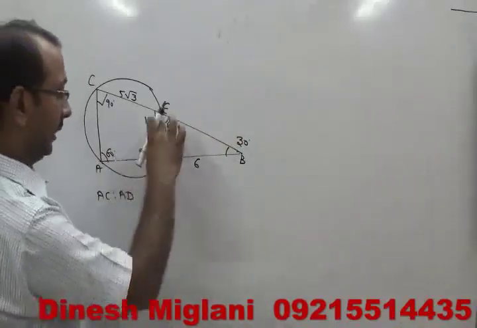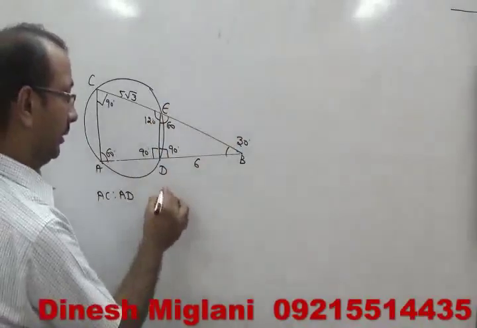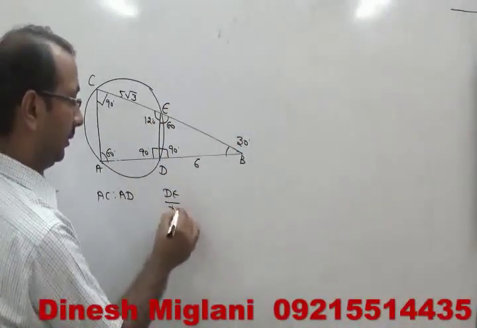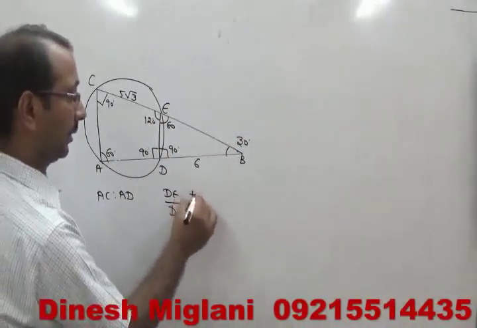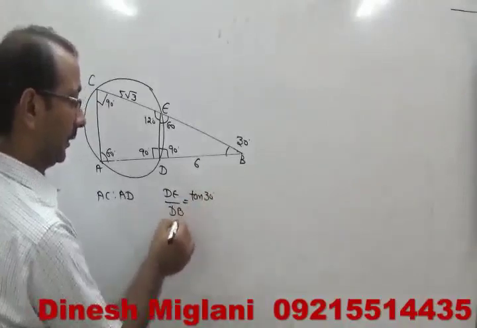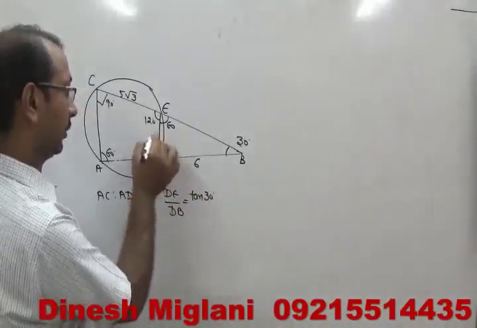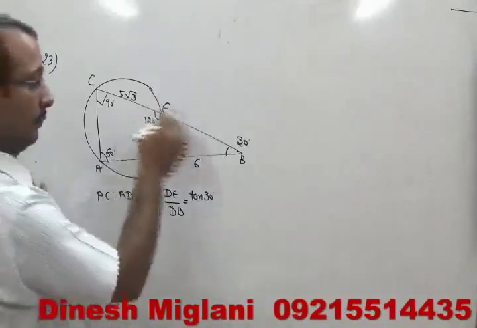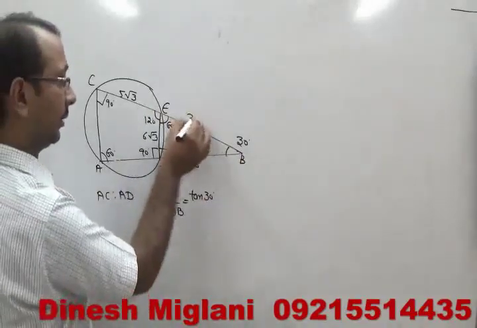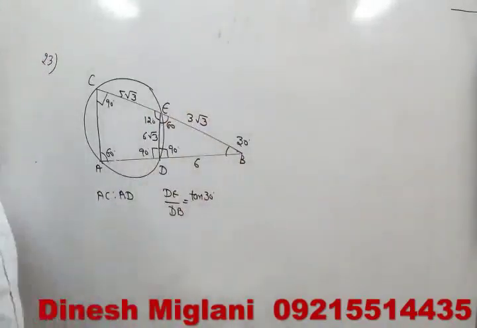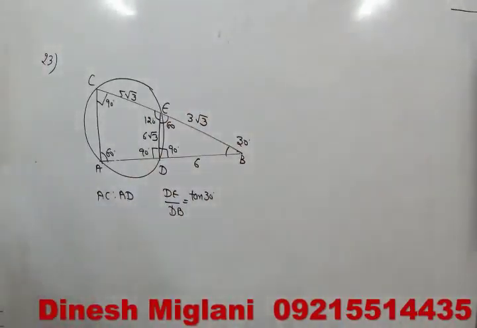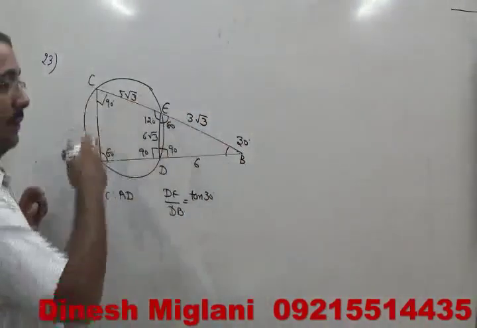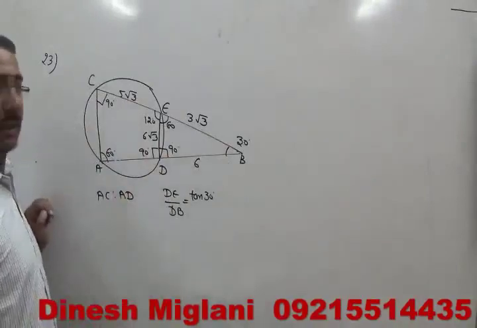Let us say that DE by DB is equal to tangent 30. This is 6, so DE is equal to 6 root 3. So I can say this is 6 root 3. Okay. Now with the same trigonometry, we can say that this is 3 root 3. Now the next point I have to do here is, I can say that these triangles are similar. How?